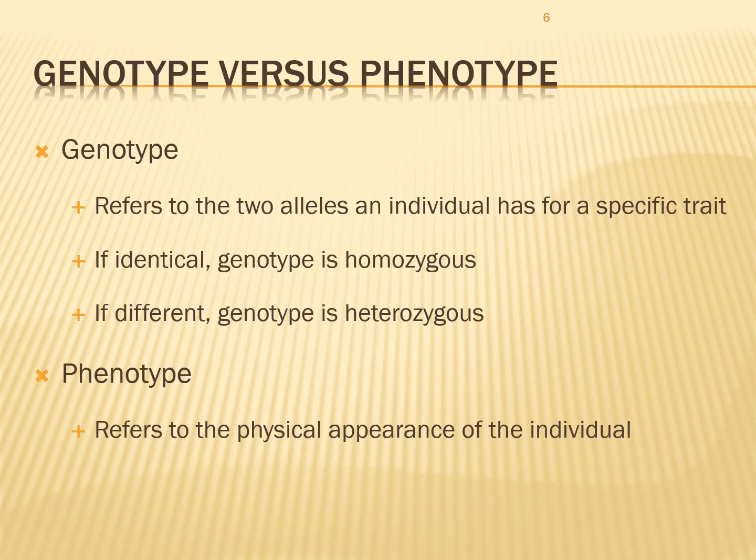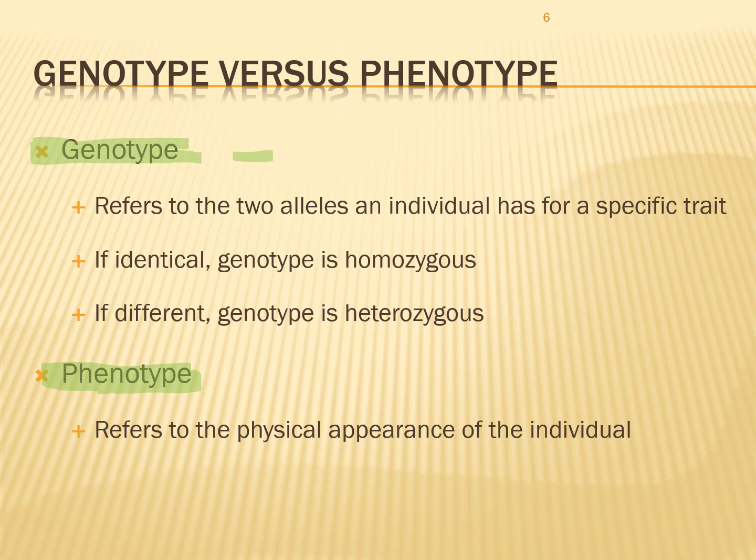There's lots of terminology we'll be using as we talk about genetics. Two other terms that I'm going to talk about are genotype and then phenotype. So first, genotype. Genotype refers to which 2 alleles you got.